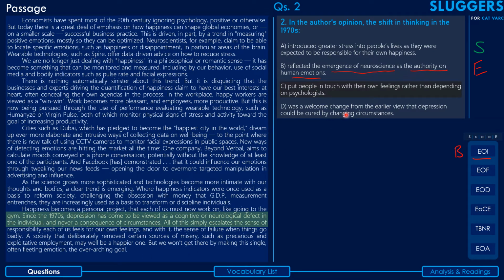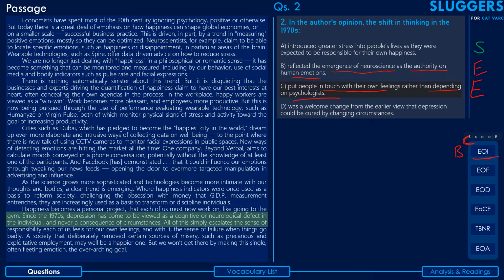Nowhere in the passage does the author talk about this dichotomy, this difference, that people started becoming in touch with their own feelings and earlier they used to be dependent on psychologists. Nowhere does this find a mention, nor has it been implied anywhere in the passage. So again, nothing has been mentioned of the sort in the passage. So again, it becomes a case of EOI. So again, I'll write option C as well here. C is also a case of EOI, and we can eliminate this with a capital E.